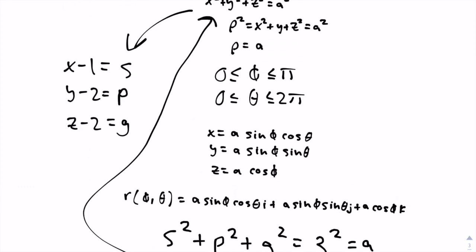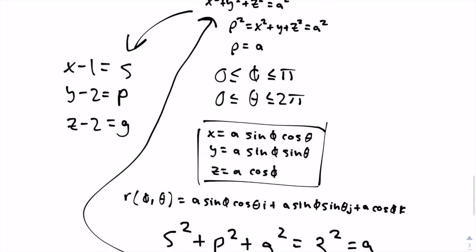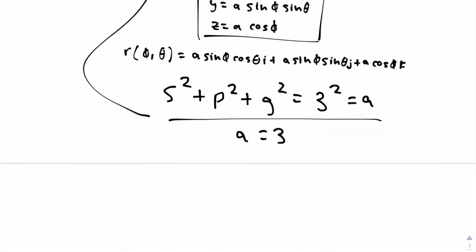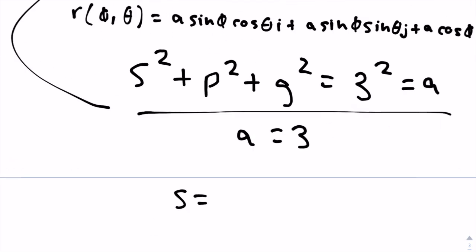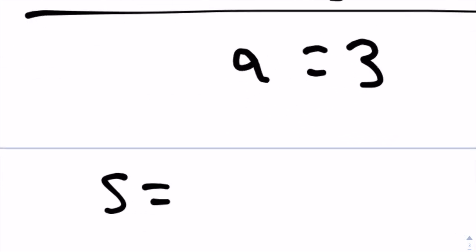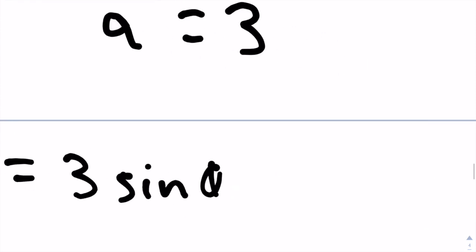So then moving ahead, we can use these parametric equations for our x, y, and z components, since we have almost an identical equation for any arbitrary sphere centered at the origin, which we have already defined. And we can go ahead and say for s, it's 3 sine phi cosine theta.